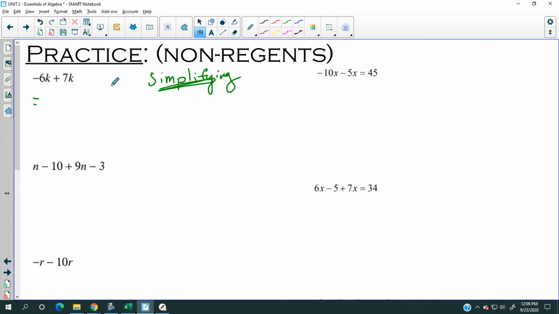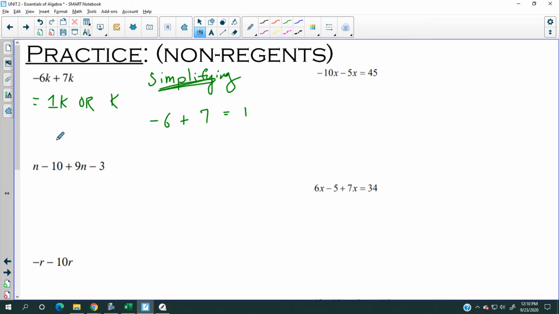If you owe someone $6, and someone gives you $7, like let's say you earn $7, how many dollars would you still have left? 1, right? Likewise, negative 6k plus 7k, what are you left with? 1k, or what's a shorter way of writing that? Just k.